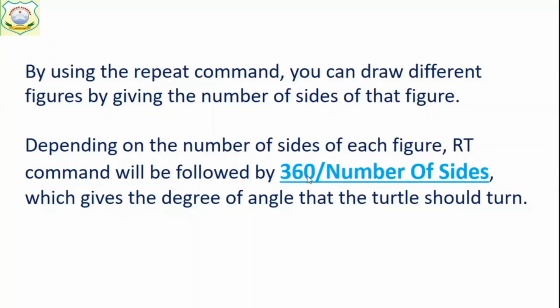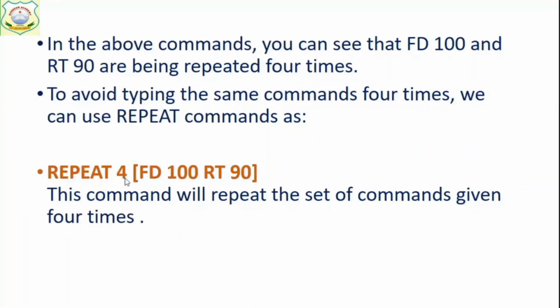So how do we get 360 divided by 4? 4 is the number of times you are going to repeat. A square has 4 sides, so we are repeating 4 times. So which angle will we take? 360 divided by the number of sides, yani 360 divided by 4. So we get 90. Okay, in the same way we will proceed for more figures.